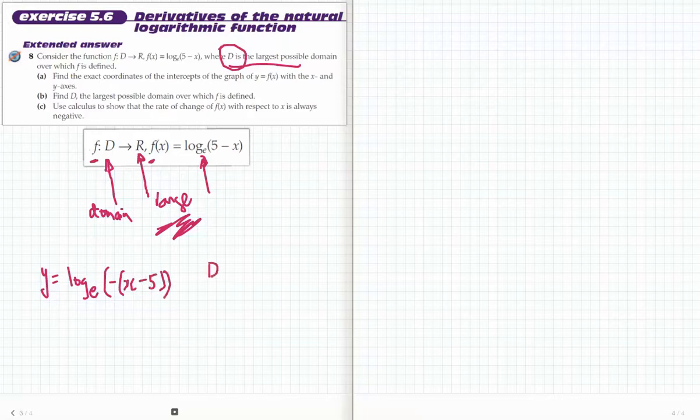And I'm going to consider my transformations in the order DRT: dilations, reflections, translations. So I've got a reflection. X has been made negative, so therefore it's over the y-axis. And x has become x minus 5, therefore it is a translation 5 units to the right.